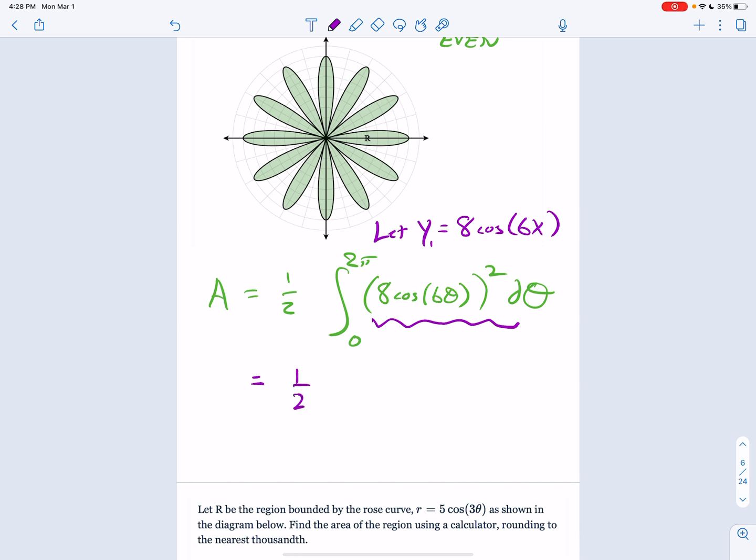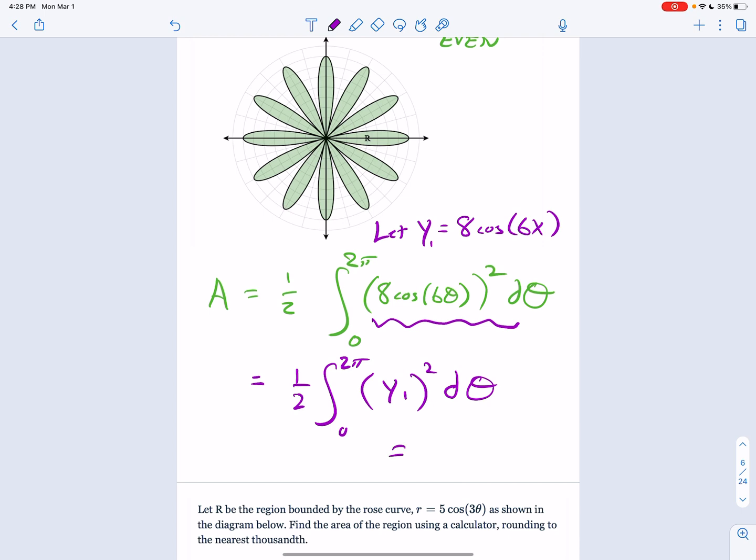So we're going to let y1 be that. So this is really just 1/2 math 9 from 0 to 2 pi of alpha trace y1 squared. That way you don't have to keep track of the 4 or 5 sets of parentheses there, okay? So here we go, 1/2 times math 9, 0 to 2 pi, alpha trace y1 squared dx.